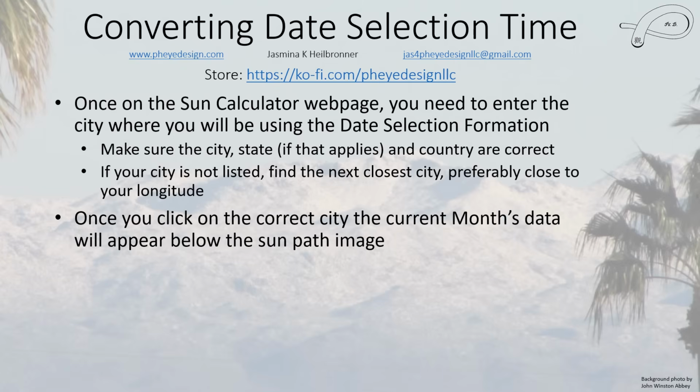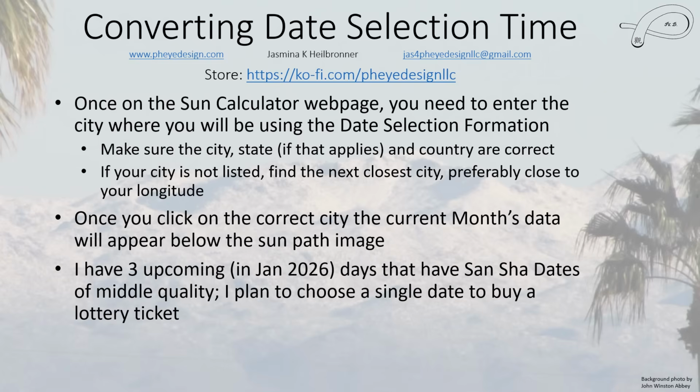Once you click on the correct city, the current month's data will appear as a table below a sun path image. You simply scroll down a little bit and you'll find the table. I'm going to use an example from this coming January 2026, which is still part of the wood snake year.